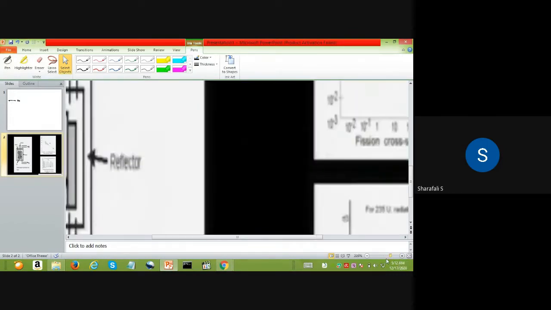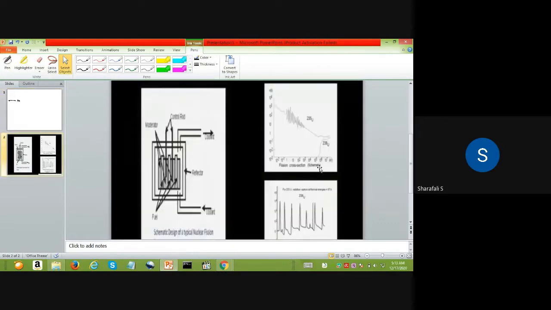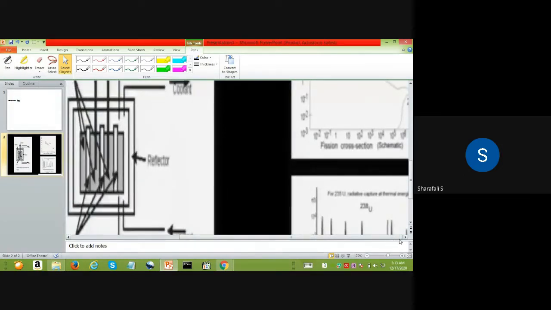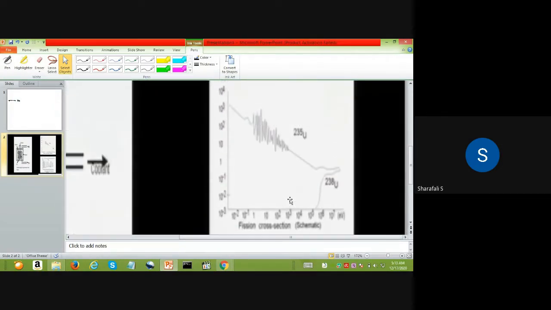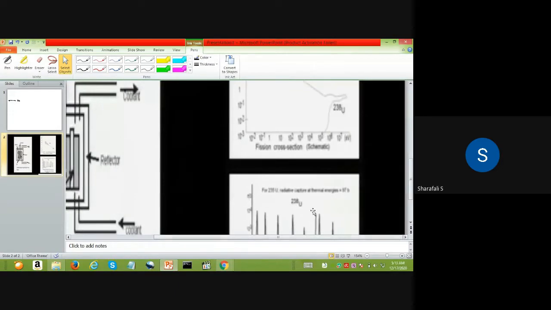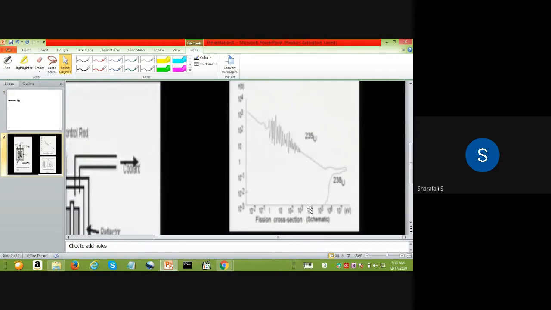I hope it is somewhat visible. I will take another color for this.